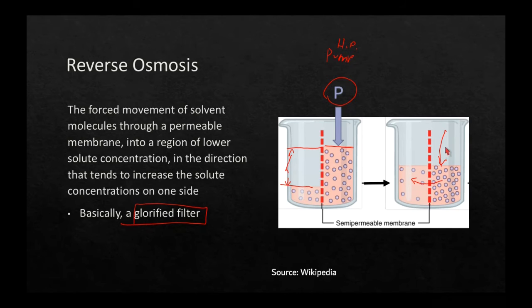So after we've applied enough pressure to overcome osmotic pressure, we get fluid going backwards through the membrane, so the solvent goes through. This stuff here ends up being purified, and that stuff has a name. It's called the, wait, let me think of it. Anybody know? There's a couple of names here.